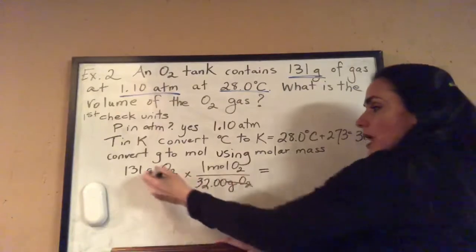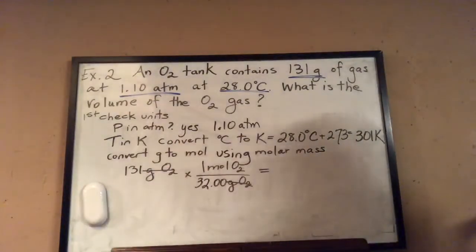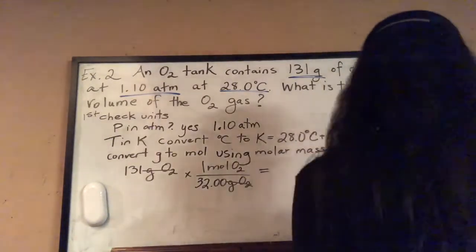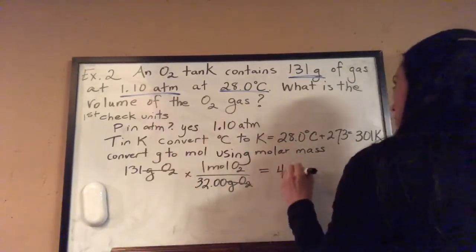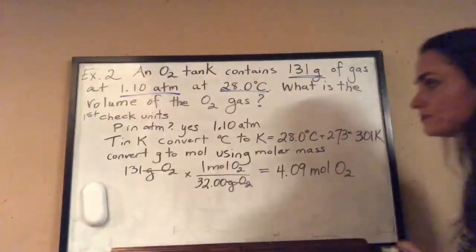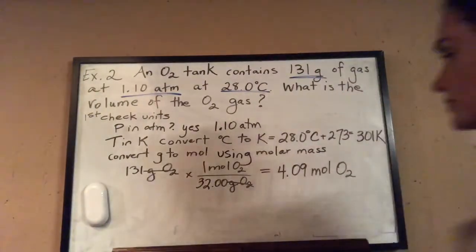We want the grams to cancel out. Again, we're using dimensional analysis because anytime you do a conversion, it's the best way to do it. So the resultant moles of oxygen gas is 4.09 moles. Now we have everything to find the volume.